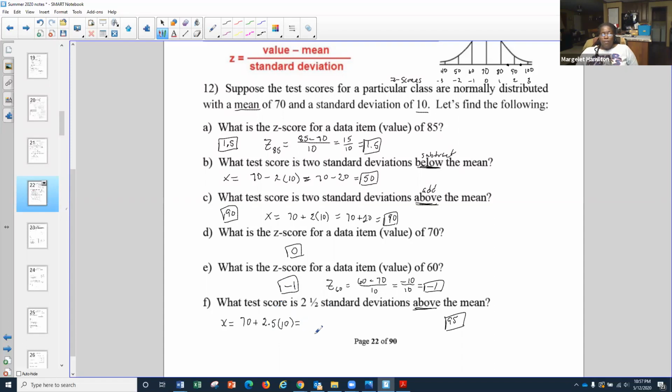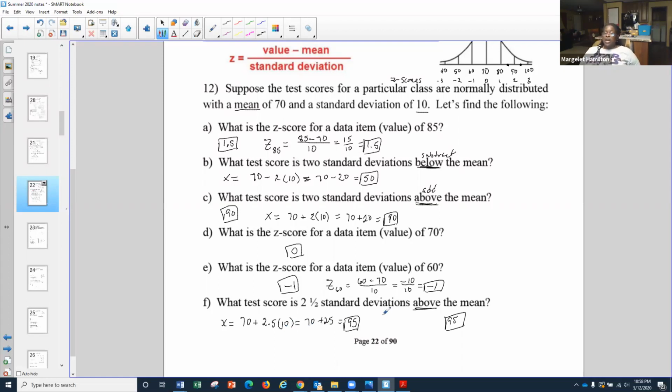And then when we do our math, we get 70 plus 2.5, okay? And when we multiply 2.5 times 10, that just moves our decimal place over once, and that gives us a whole number of 25. So that gives us 70 plus 25. And that added together gives us 95. It verifies. Yay. Okay?